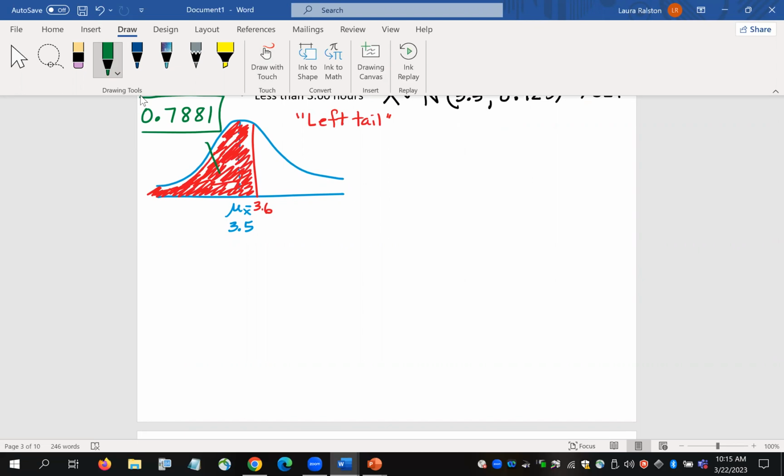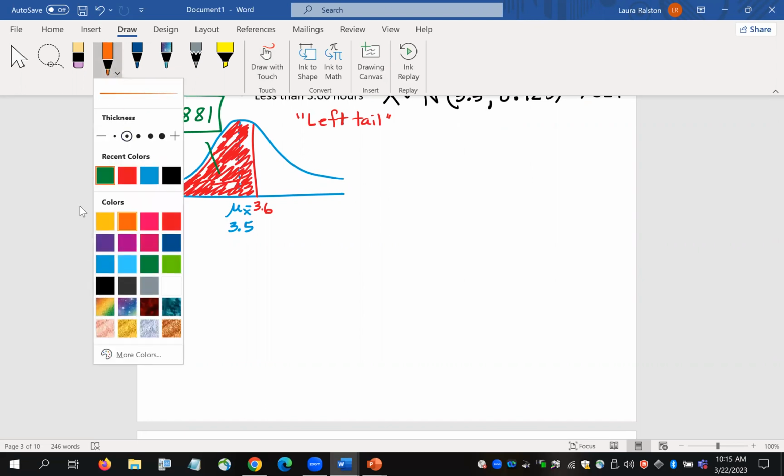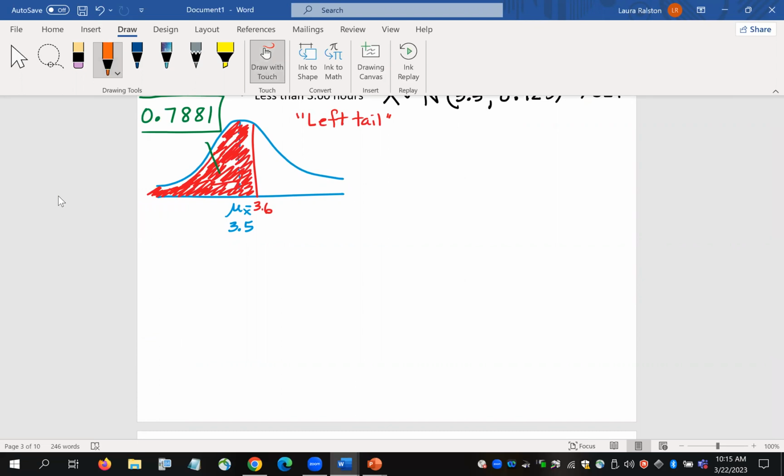And again, that's going to be the value that you enter as your answer. Again, I keep stressing this, D2L wants to see that leading zero, 0.7881.